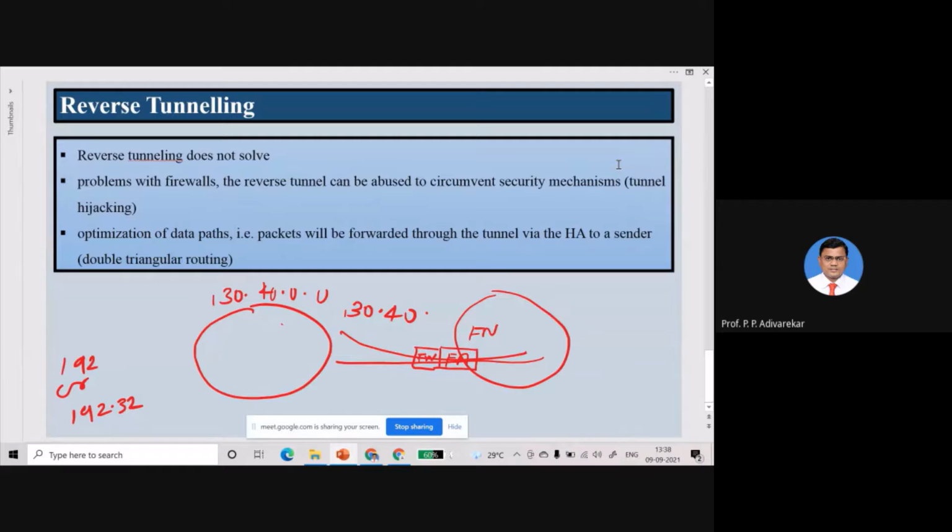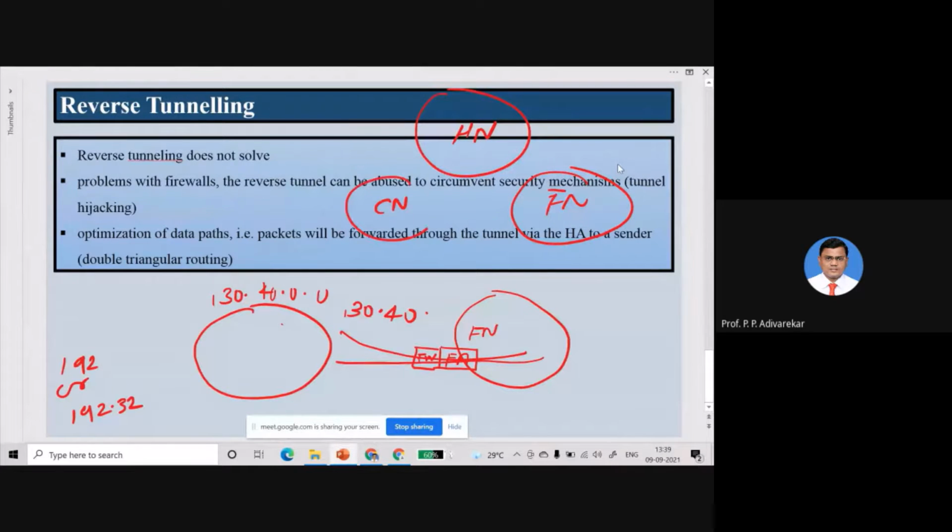Suppose, for example, there is a correspondent node, a home network, and suppose this is a foreign network.